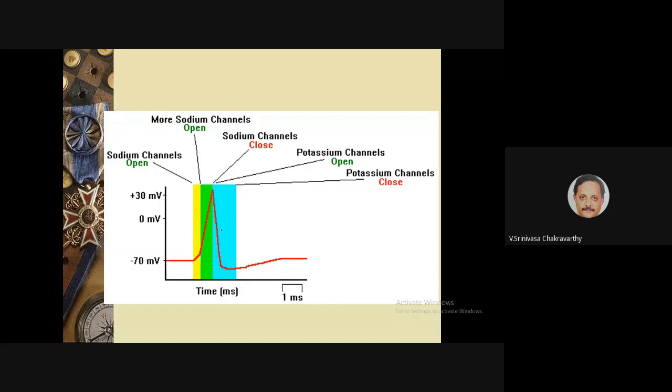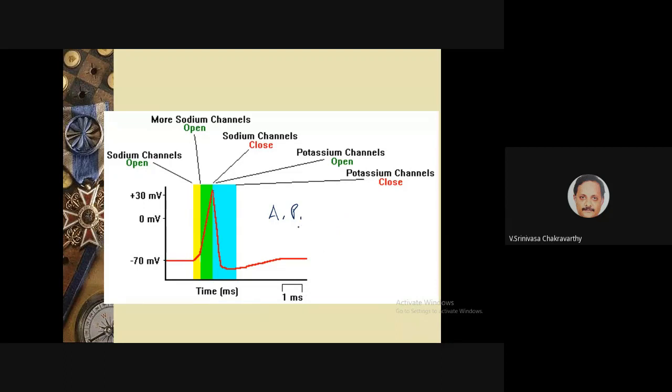All this happens very rapidly. Therefore, you see a sharp rise and a sharp fall of the membrane voltage, and this kind of spiky voltage waveform is called an action potential, or AP. The duration of this in mammalian neurons is typically about 1 millisecond.